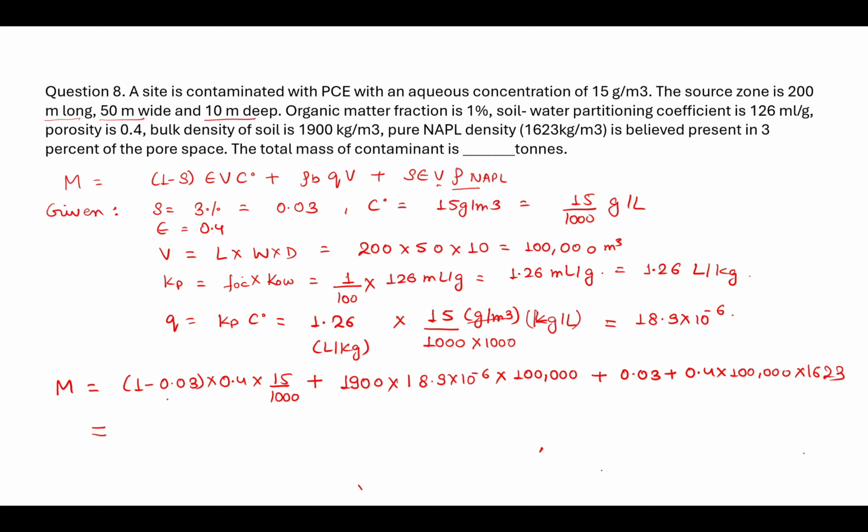I forgot to multiply volume in the first term. So 1 minus 0.03, epsilon is 0.4, volume is 100,000 meter cubes, and C naught is 15 by 1000.